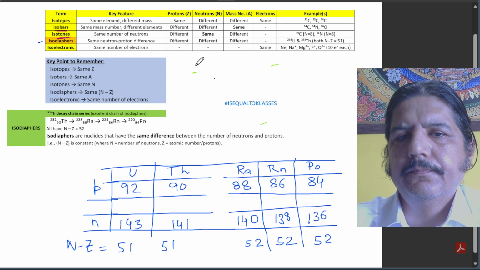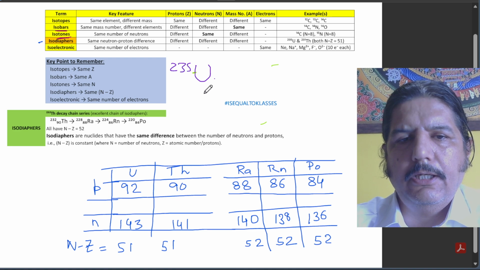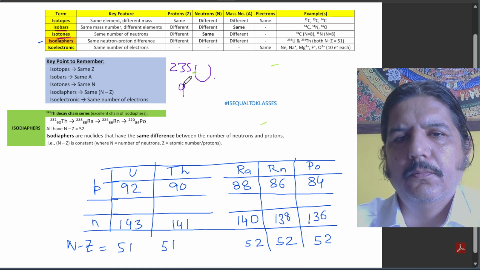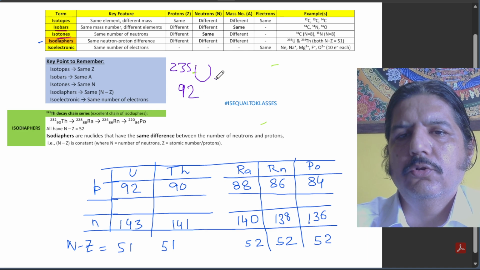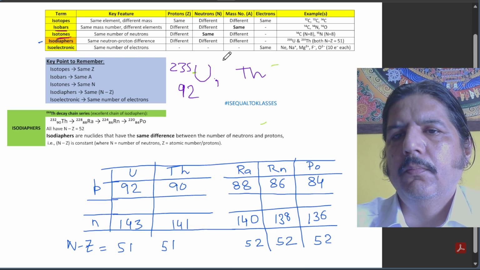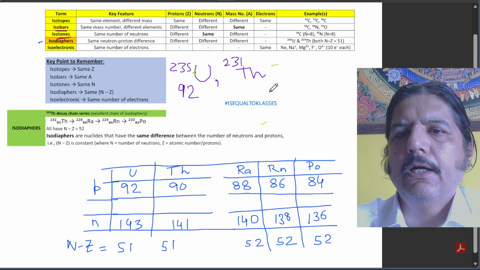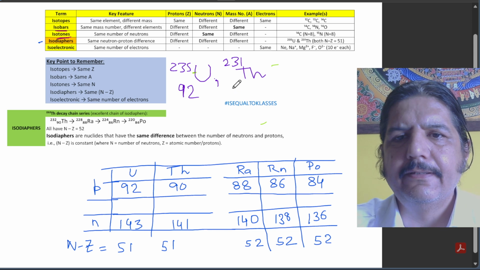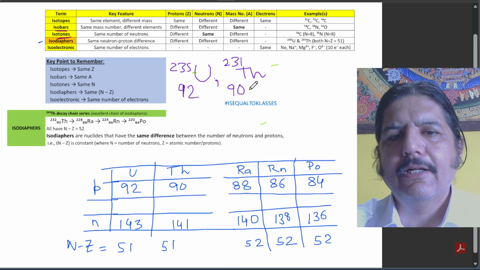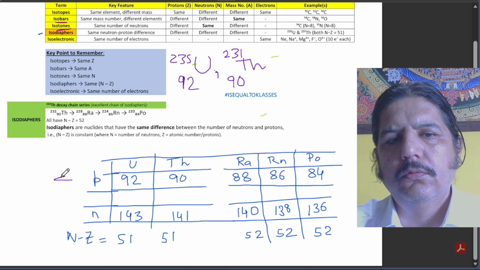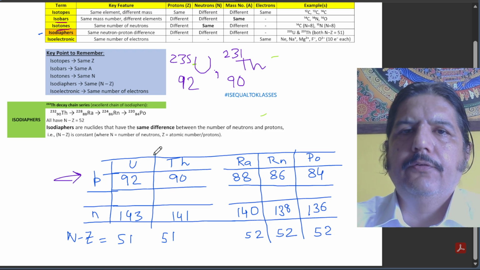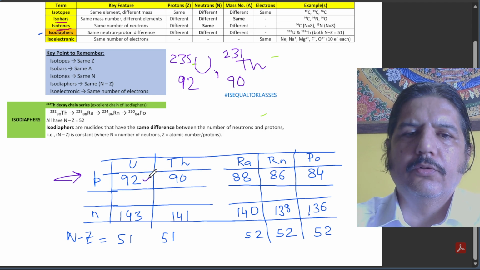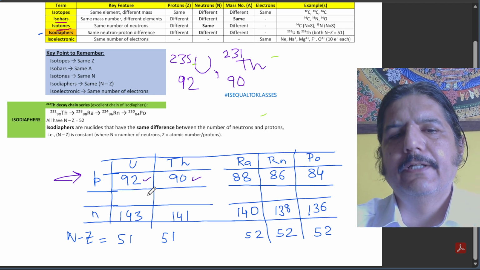Uranium is written as 235 and the atomic number is 92. Thorium has mass number 231 and atomic number 90. I have done the calculation here. The atomic number gives us the number of protons: 92, and in thorium it is 90.